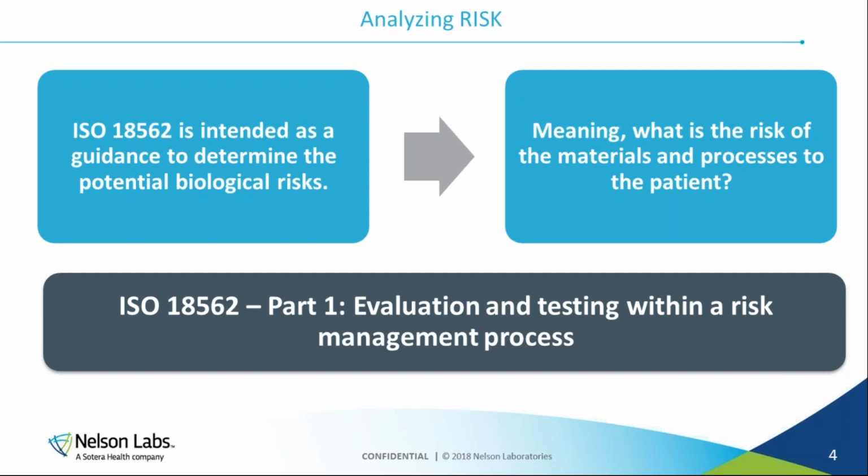So it's a good companionship between 10993 and 18562, and understanding that we still want to address risks appropriately. And when we talk about risk here, we're not talking about the risk of the intended function of the device. We're talking about the risk of the materials and processes used to make the device.